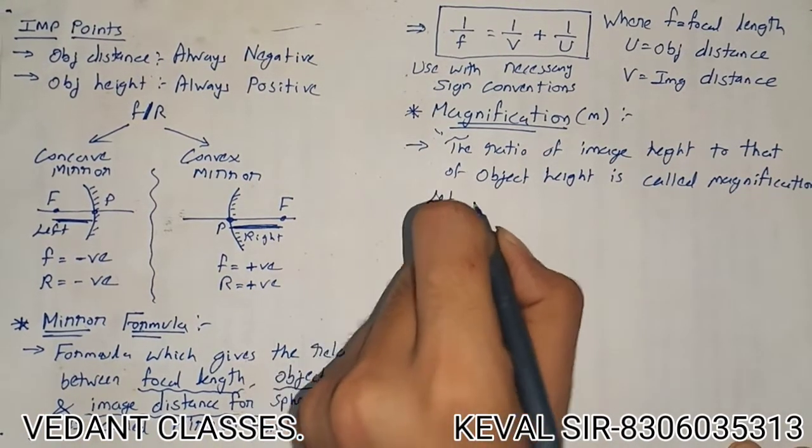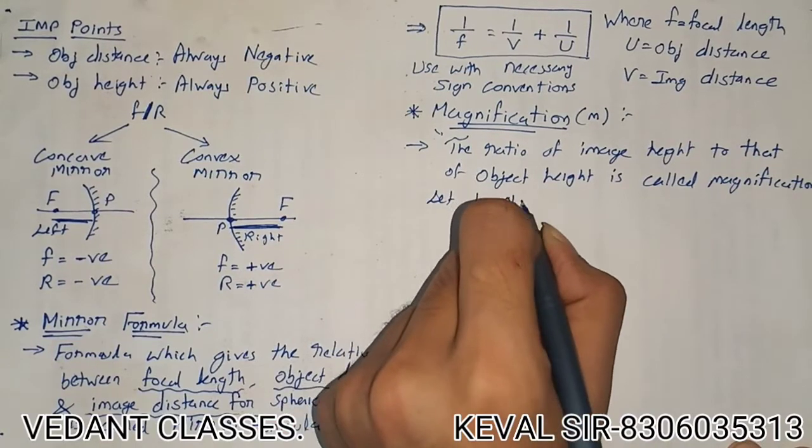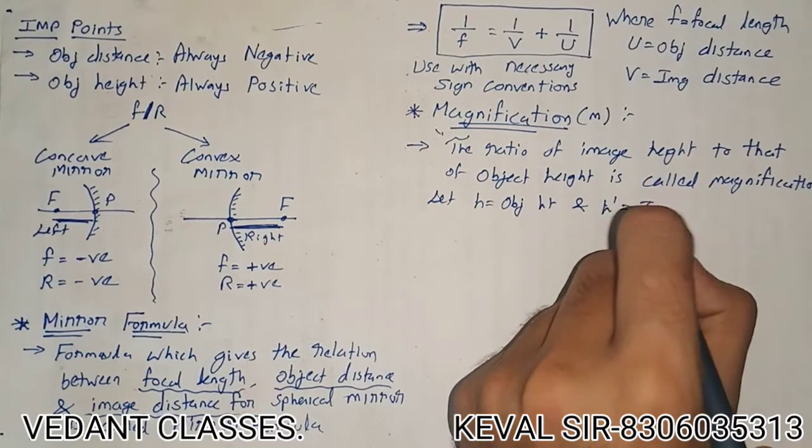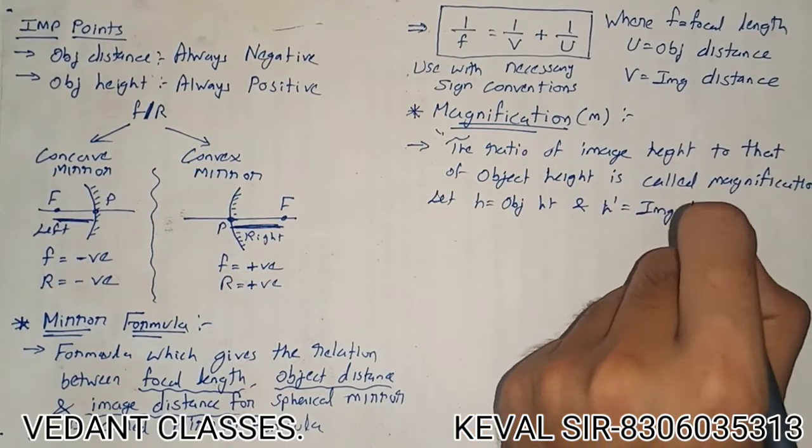So let's consider h is equal to object height and h dash is image height, okay.